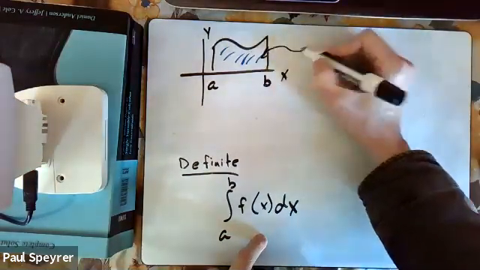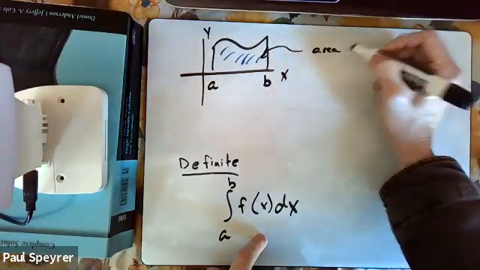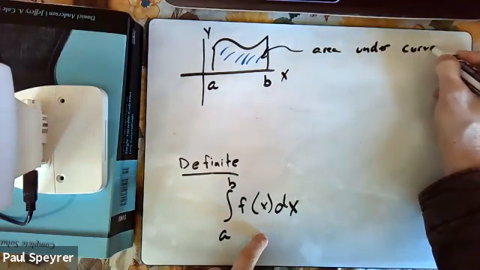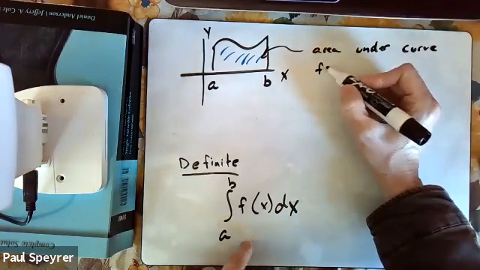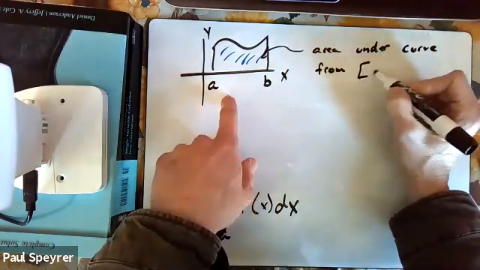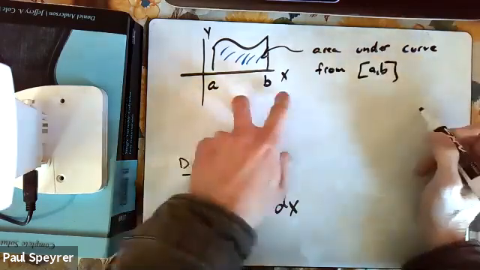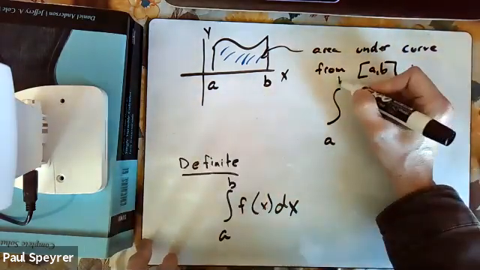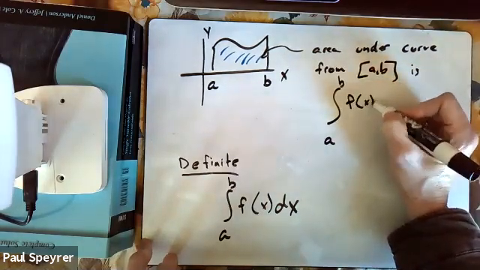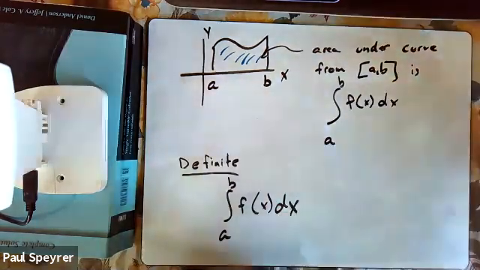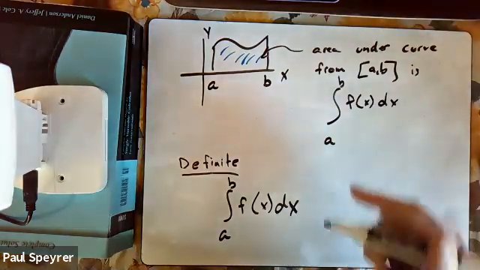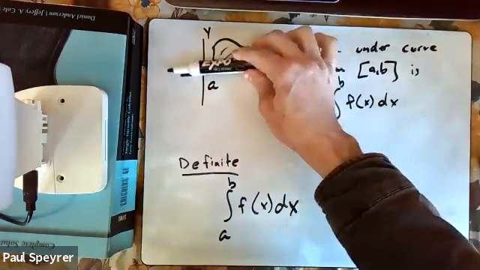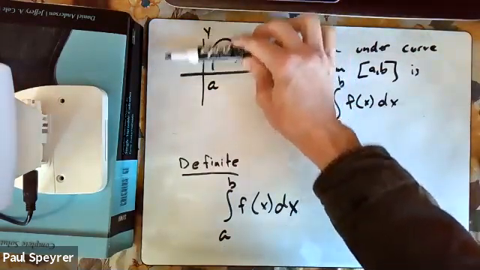So the area under the curve from a to b, because we have to have some defined region, is this integral right here. If the area that you're trying to figure out is above the y-axis, that would make sense for it to be positive area.